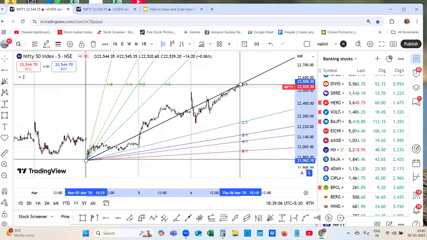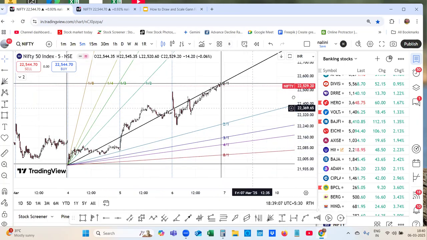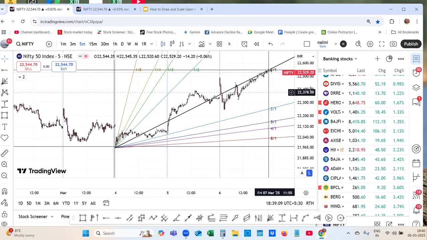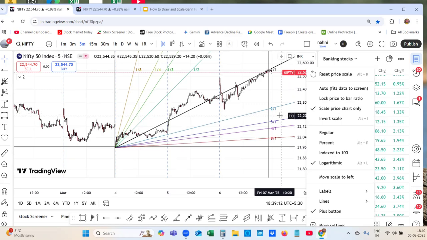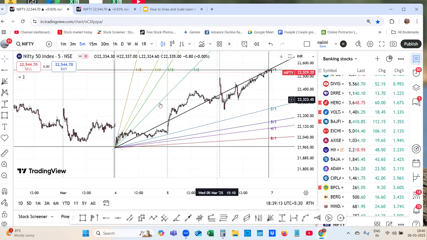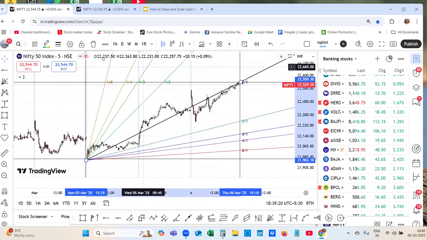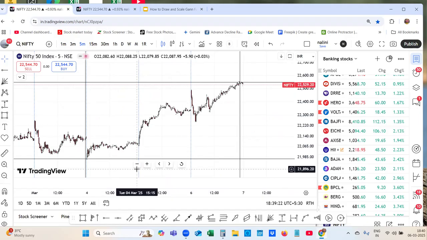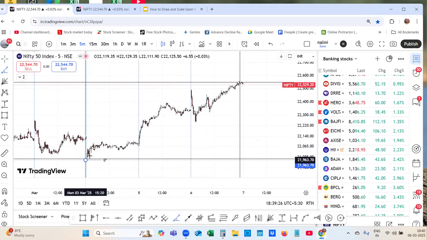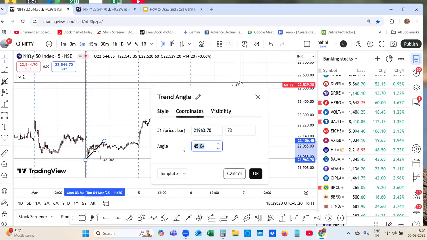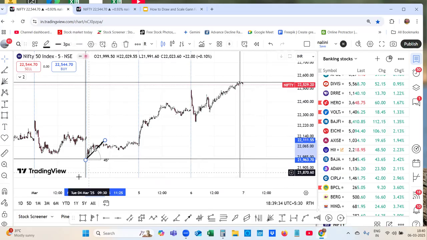But if I move this, I think I have locked it. No. See, the first method to apply the Gann fan is, first I'm fixing the angle to 45 degrees.